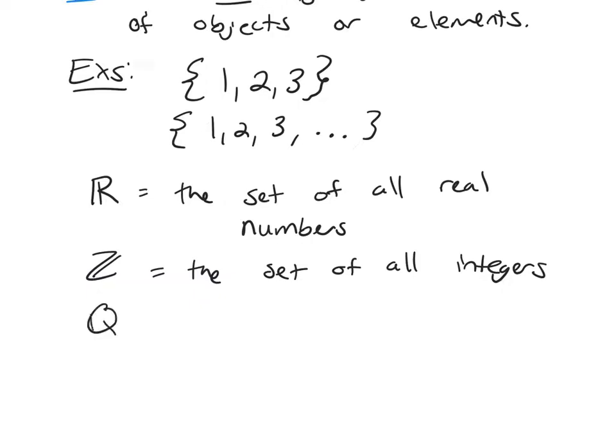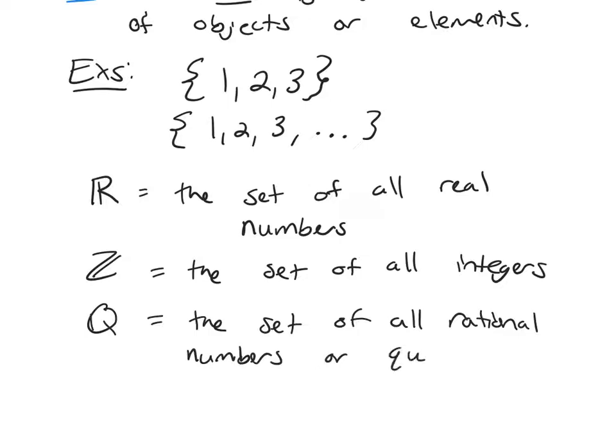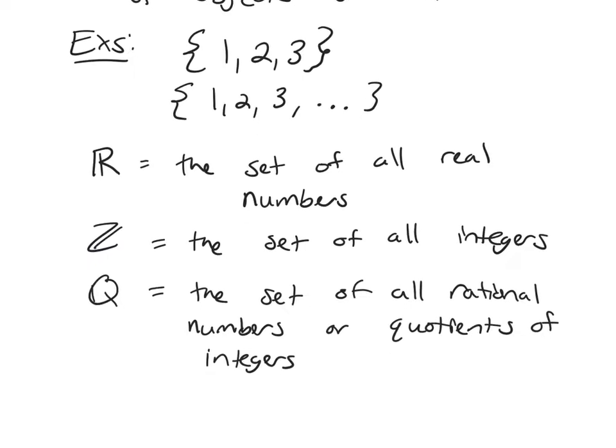Q is the set of all rational numbers, or sometimes it's said as quotients of integers. So Q contains whole numbers, the integers, but it also contains fractions, like 1/2, -3/4.